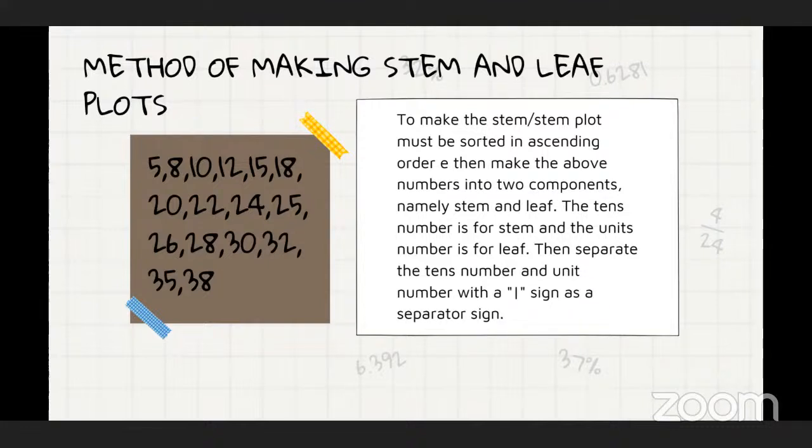So after I sort from the smallest to the largest number, I got 5, 8, 10, 12, 15, 18, 20, 22, 24, 25, 26, 28, 30, 32, 35, and 38.